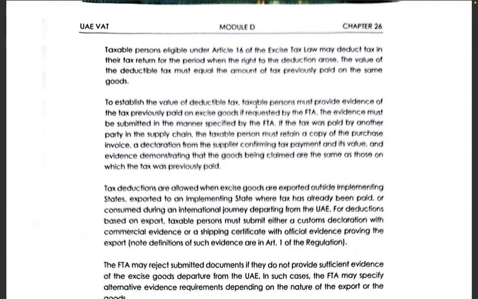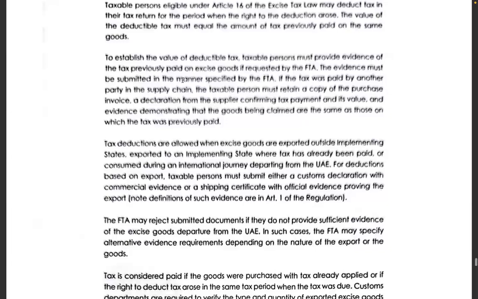To establish the value of deductible tax, the taxable person must provide evidence of the tax previously paid on excise goods if requested by FTA. The evidence must be submitted in the manner specified by the FTA.